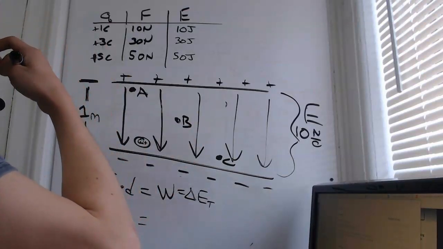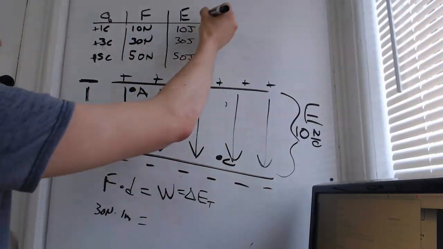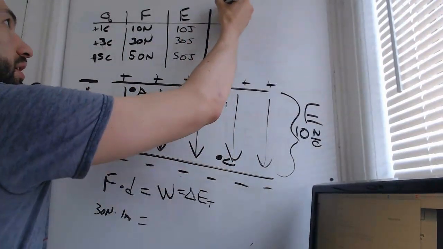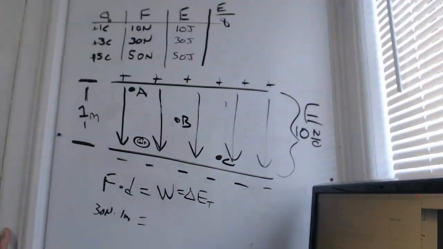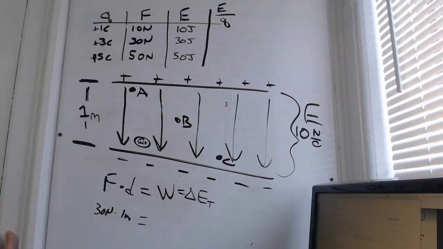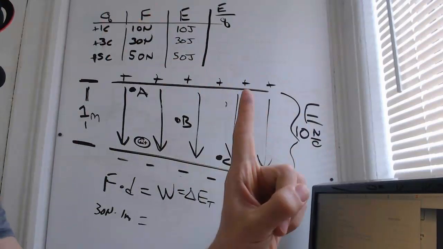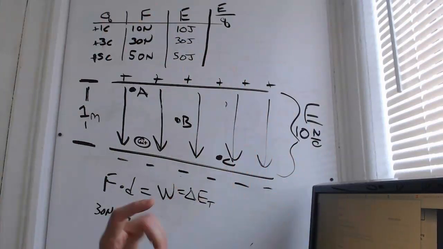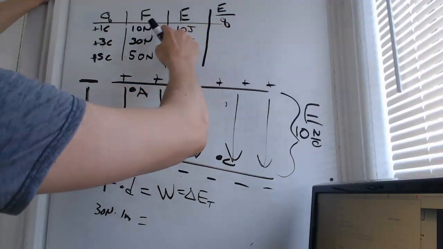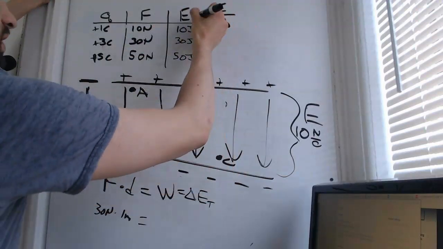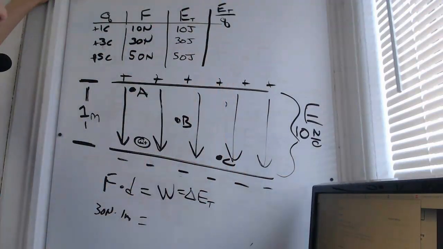Well, what do you know? I'm going to do something here, and I'm just going to do what I call normalize the amount of energy. I'm going to find out how much energy there is for 1 coulomb of charge, and just 1 coulomb of charge, if I push it across. Well, 10 joules divided by E total. That's energy.